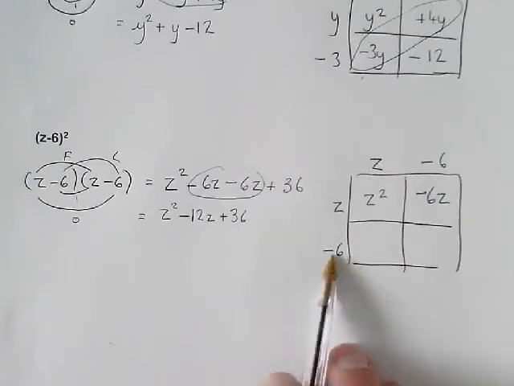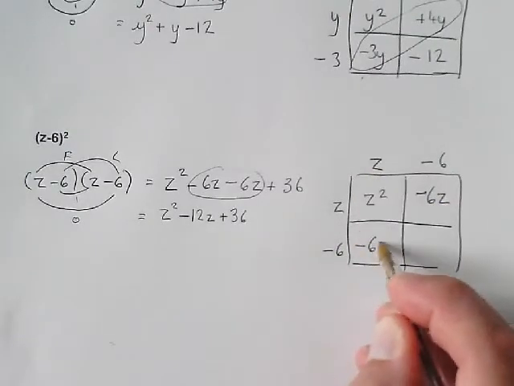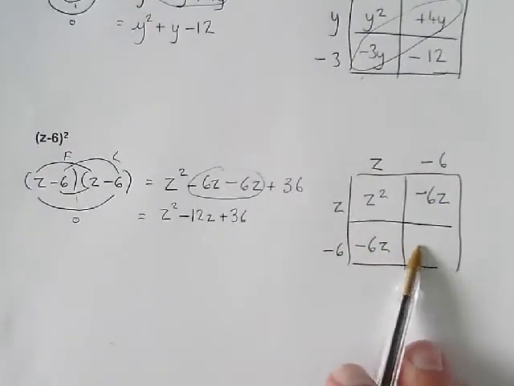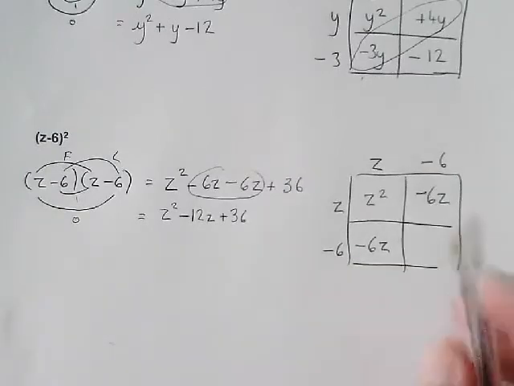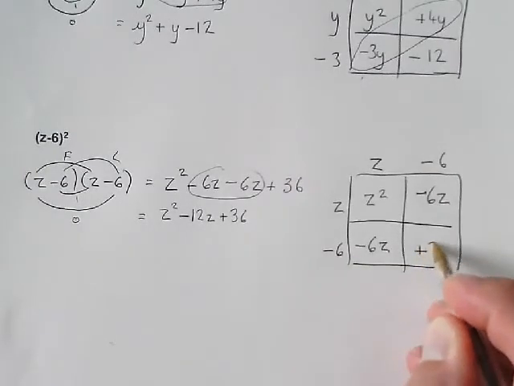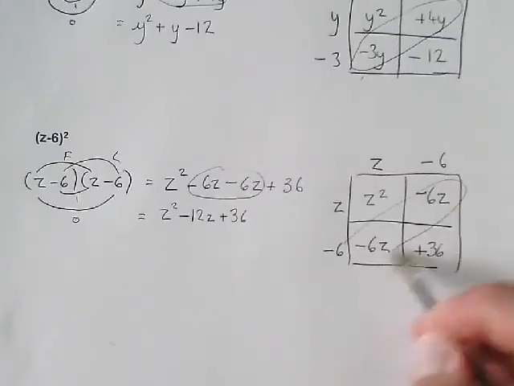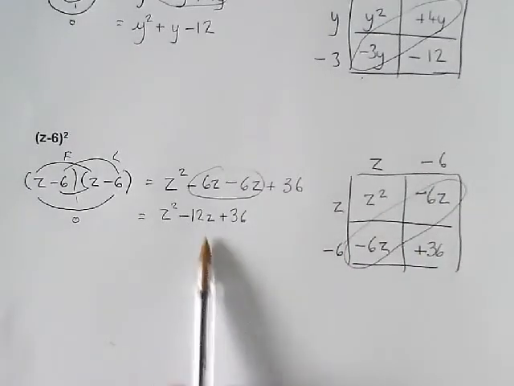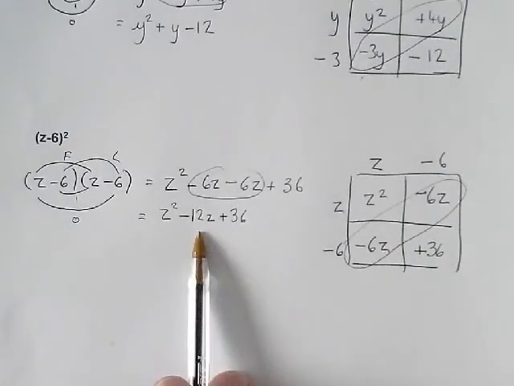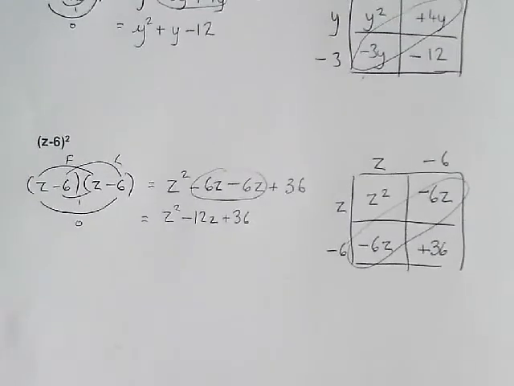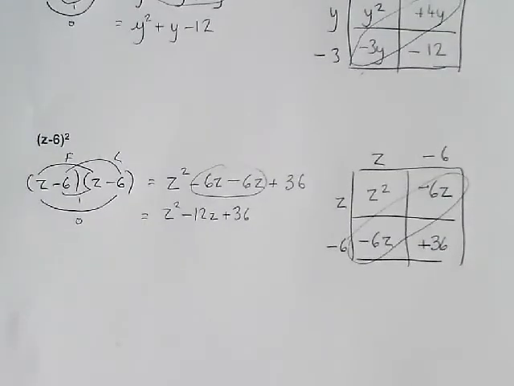Bottom left, minus 6 times z, minus 6z. And bottom right, minus 6 times minus 6, this time is plus 36. And simplifying the 2 on the diagonal will give us the minus 12z. So there's our 3 examples on expanding and simplifying a pair of easy brackets.